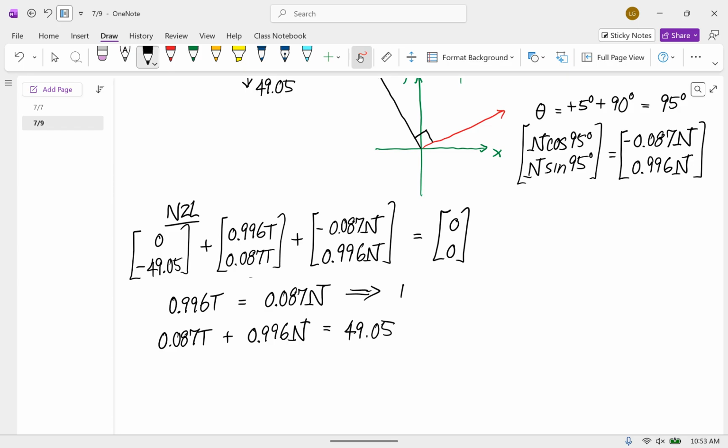So here t is equal to, I'll keep a bunch of digits, so this is 0.0875 times n.